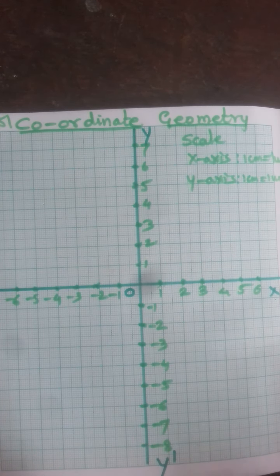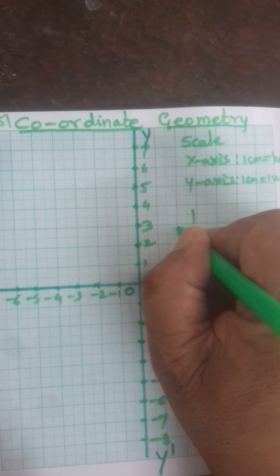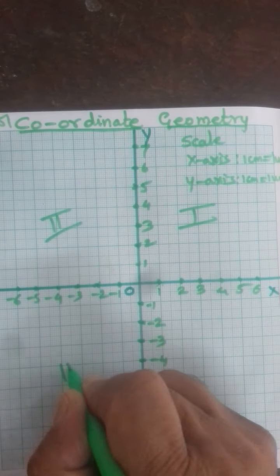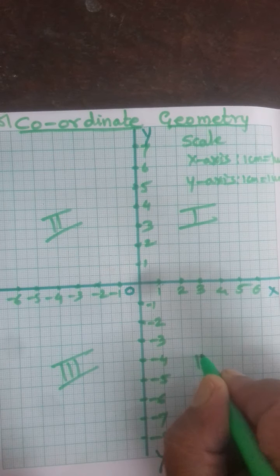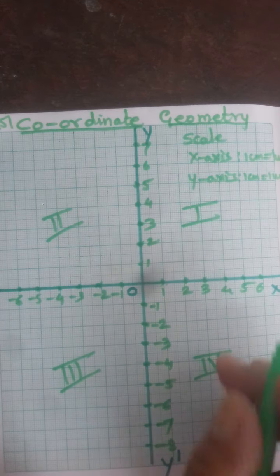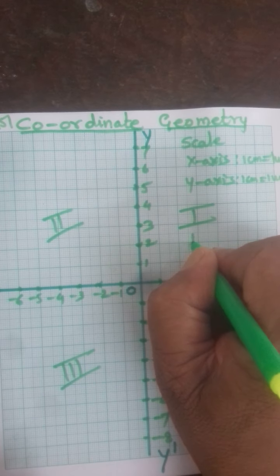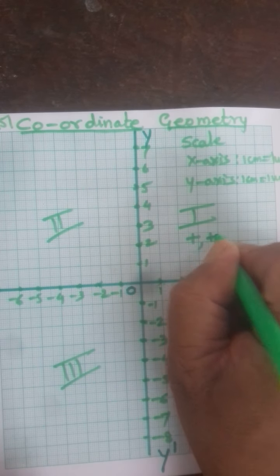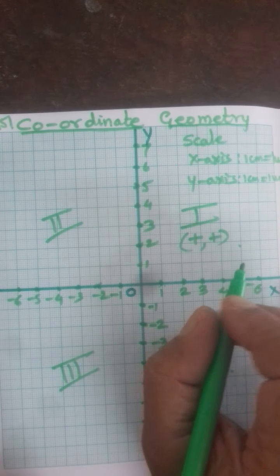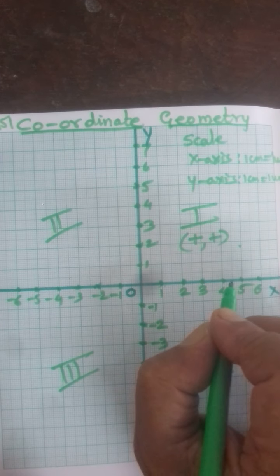Into how many quadrants is it divided? 4 quadrants. This is the first quadrant, this is the second quadrant, this is the third quadrant, and this is the fourth quadrant. Remember one thing: in the first quadrant, both the x and y coordinates are positive.